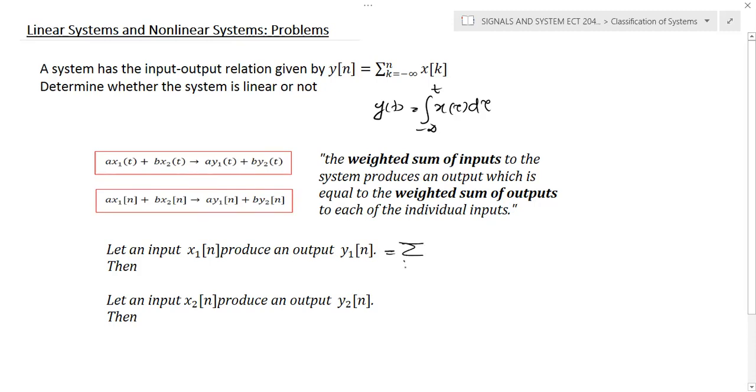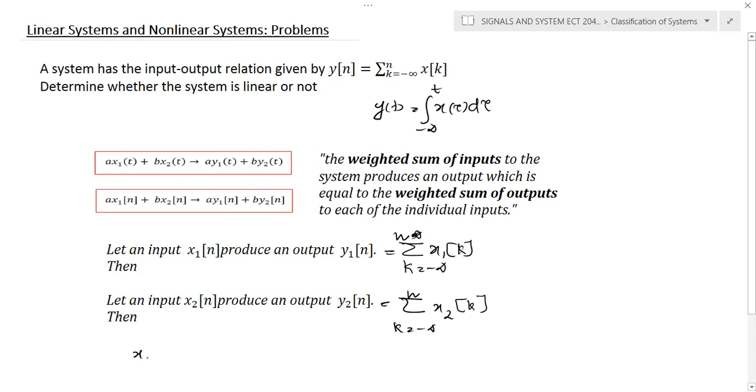So you can write k ranges from minus infinity to n x1 of k, and similarly you can write y2 of n, k is equal to minus infinity up to n x2 of k.